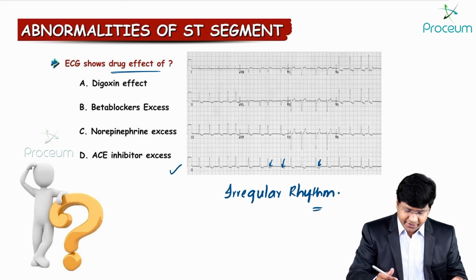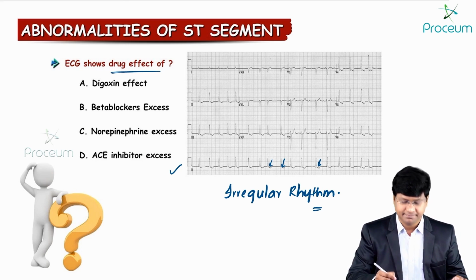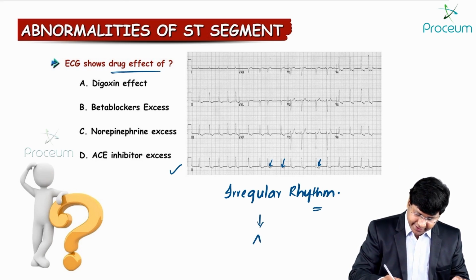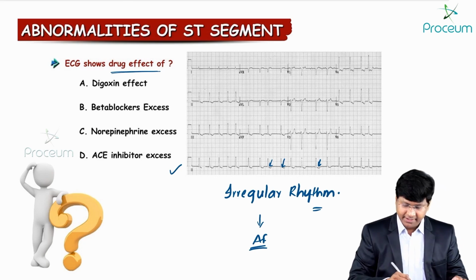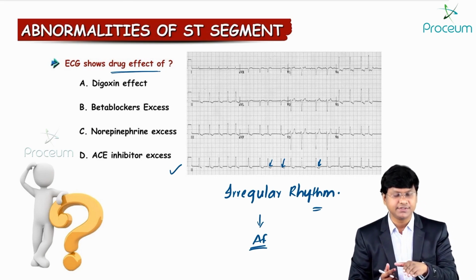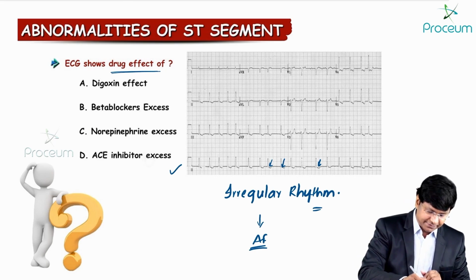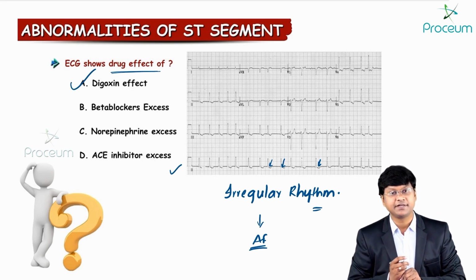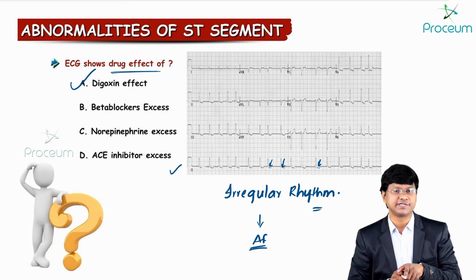So what is the condition where you can have this irregular rhythm? That is in case of atrial fibrillation. And this patient with atrial fibrillation has been started on digoxin. When you start this digoxin effect, there will be ST segment depression in the form of an inverted moustache sign.